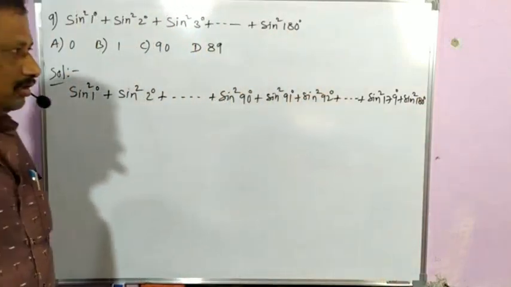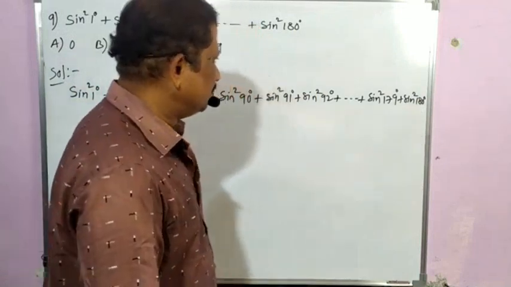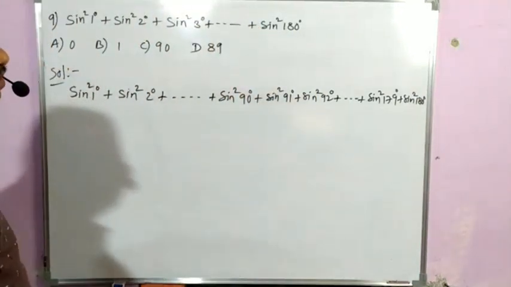Okay. This sine square 180 degrees, 90 plus 90, cos 90 is 0. This will become 0.